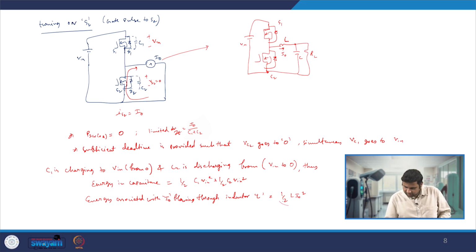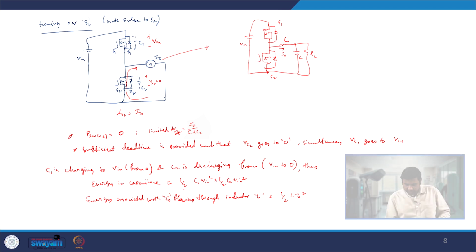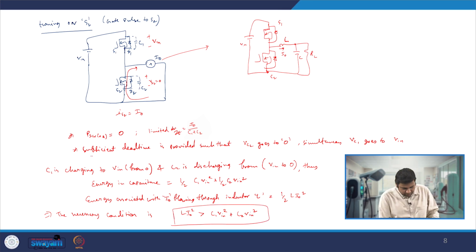During this time, the energy which is there must be sufficient to change the states of C1 and C2, so this energy must be greater than that. So the necessary condition is that L I naught square must be greater than C1 Vin square plus C2 Vin square.